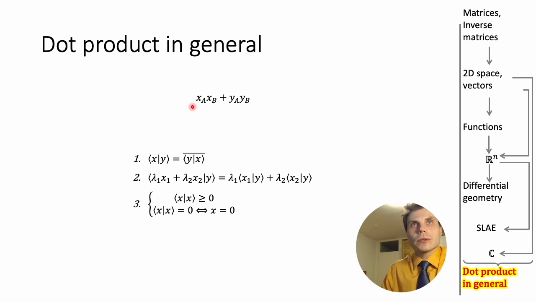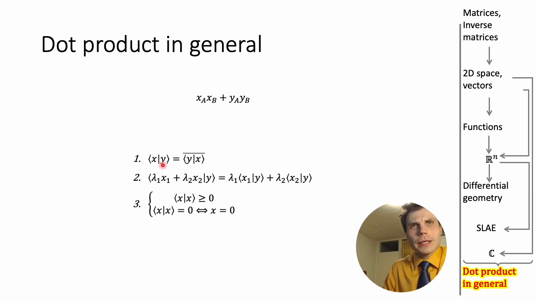In order to define dot product in general, we must demand those three axioms to hold together simultaneously. First of all, a dot product is always a number. It's a number, maybe a complex number. So if you flip x and y, then their dot product will turn complex conjugate.